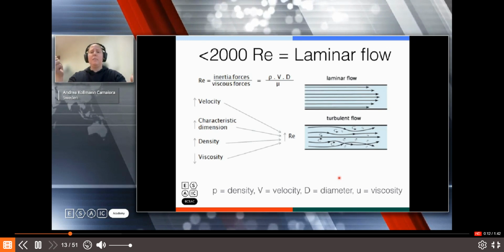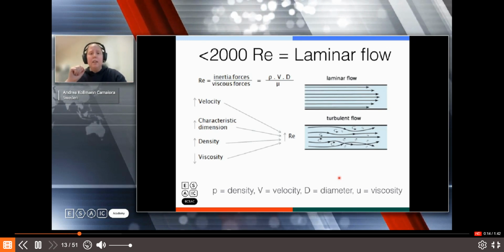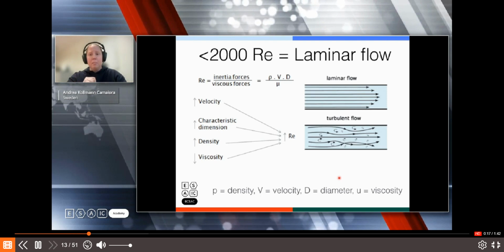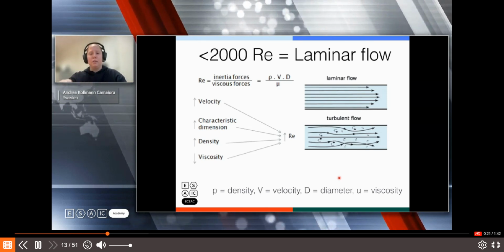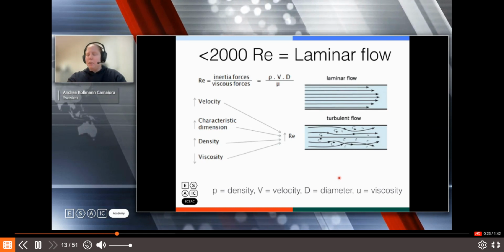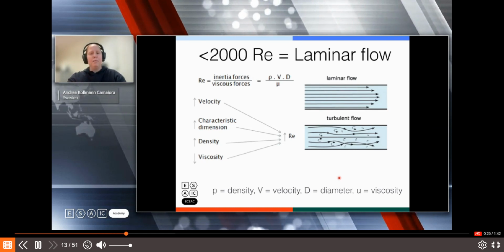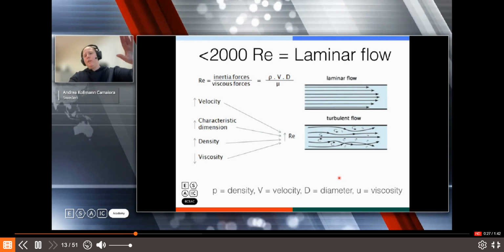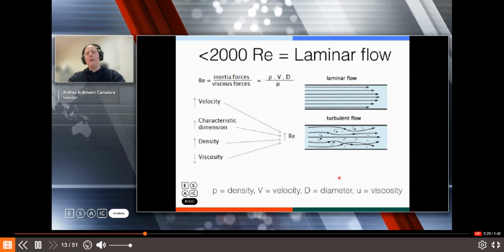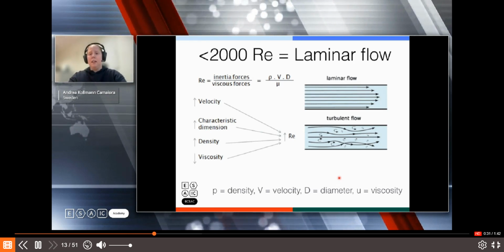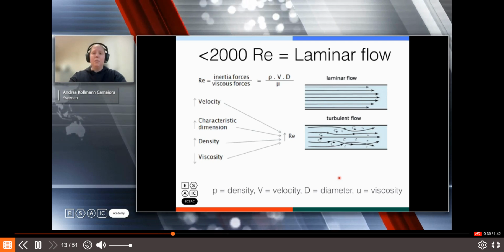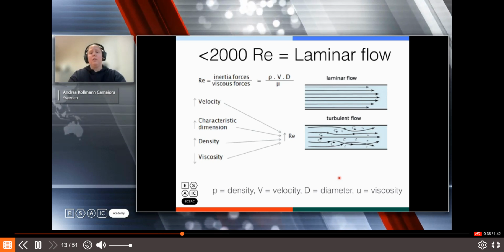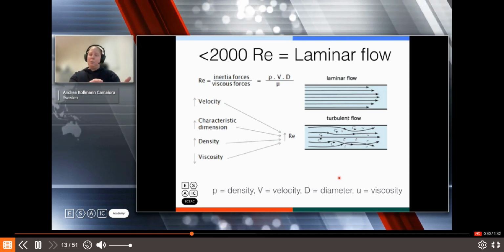If the Reynolds number is less than 2000, then the flow is laminar. But if it is more than 4000, the flow is turbulent. In the exam, you won't get asked between 2000 and 4000. It will be very clear. If the Reynolds number is 1000, does that indicate that the flow is turbulent? No, it's false. The flow is laminar because the Reynolds number is under 2000.